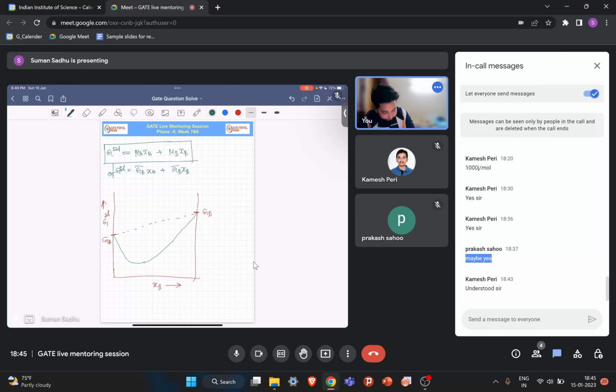So now, let's say we take this point, this composition. If we take the slope here, what will be this value and what will be this value? Anyone?